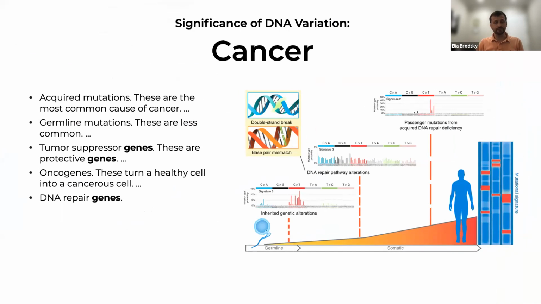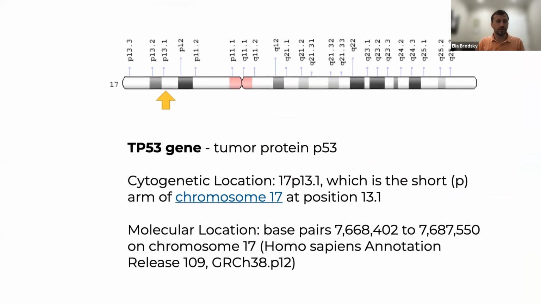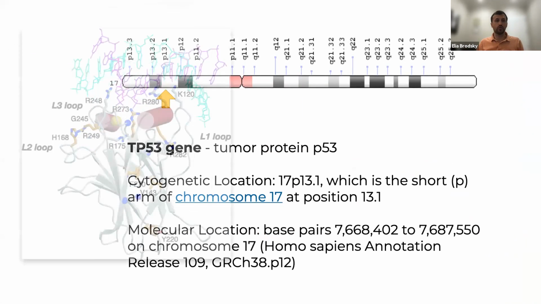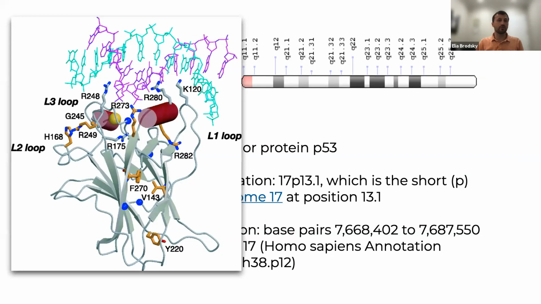So here you can see the significance of DNA variation in cancer, where acquired mutations, germline mutations, mutations in different types of genes, and in DNA repair genes, all of those come together to form a certain level of risk, after which there could be an event that could trigger some of those important changes in critical genes and ultimately lead to what we know as unregulated tumor growth and development.